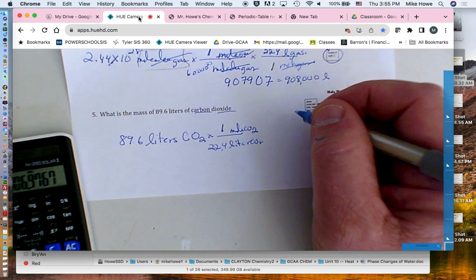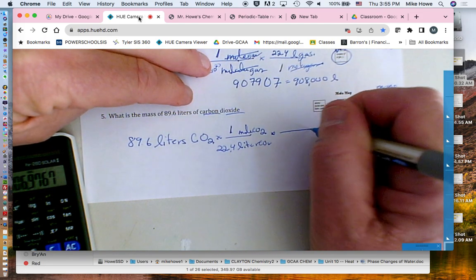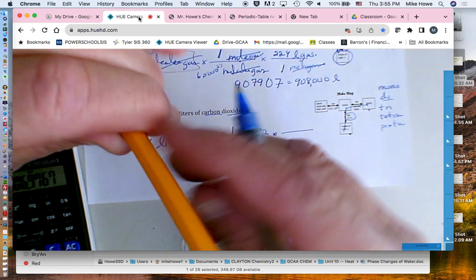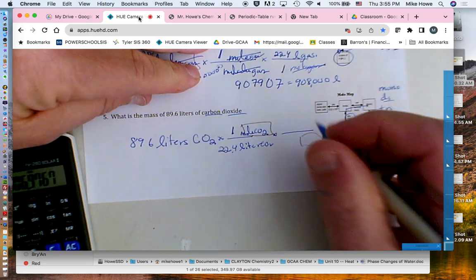Now we have moles, so we're here, and we want to get over to grams. So on the bottom, remember whatever was here is going to go down here. So we'll put moles of CO2 down there.